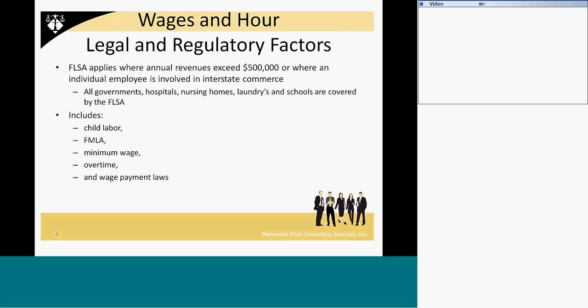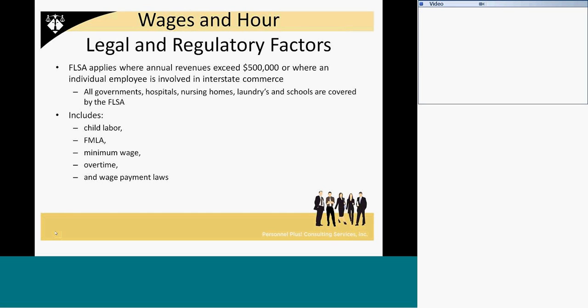Some of these rules apply enterprise-wide, some are establishment-based rules. So if the enterprise does over $500,000 a year, or alternatively, if it doesn't do that, if any individual employee is involved in interstate commerce, those people are subject to the Fair Labor Standards Act.